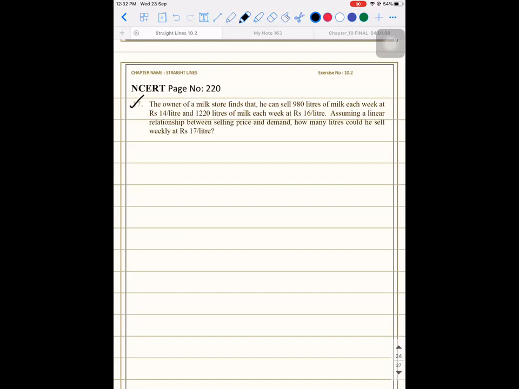So the owner of a milk store finds that he can sell 980 liters of milk each week at rupees 14 per liter and 1220 liters of milk each week at rupees 16 per liter. Assuming a linear relation between the selling price and demand, how many liters could he sell weekly at rupees 17 per liter?